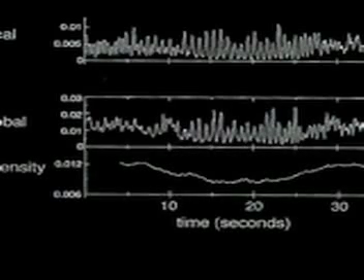What's interesting is that if we look at the energy levels in the sound in the room, we find that when people are clapping in unison, there's less overall energy than when you've got that discordant clapping.